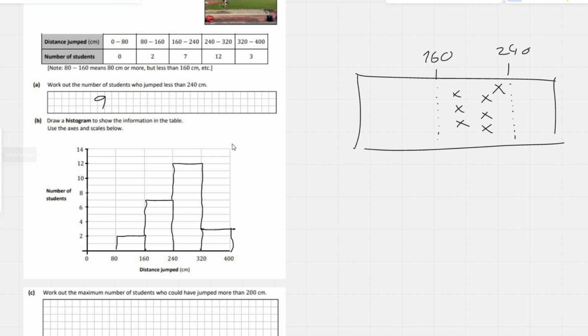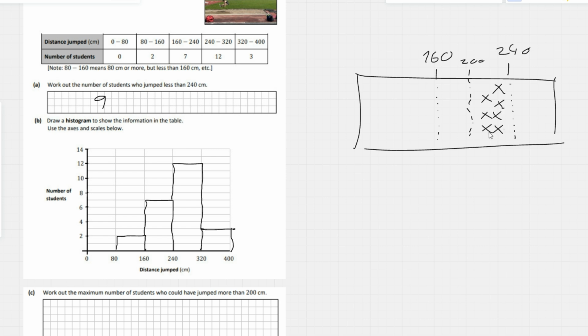So, if we look at the question, it asks, what's the maximum number of students? I'll draw in here, around here would be the 200 point, so halfway between. If we want to assume the maximum, we'll have to assume as many as possible landed after this line.